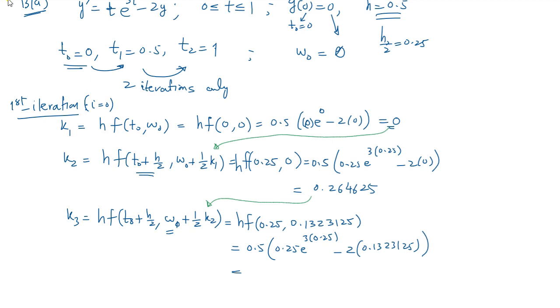Now you can write this as 0.5 into 0.25 into e to the power 0.75.